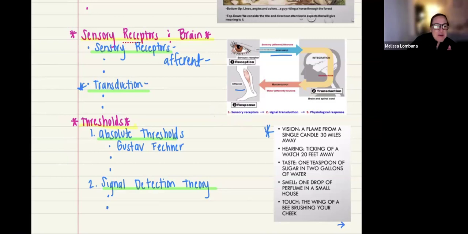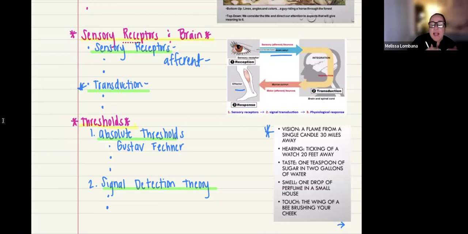All right, then we're going to go into signal detection theory. This is basically where it's going to predict when we will detect the weakest signal in our environment. Now we seek to understand why certain people respond differently to the same stimuli.